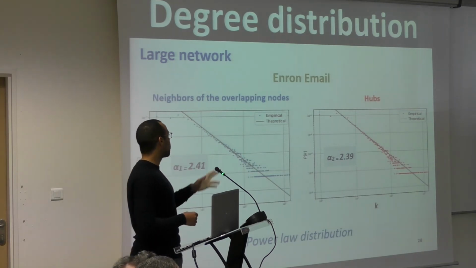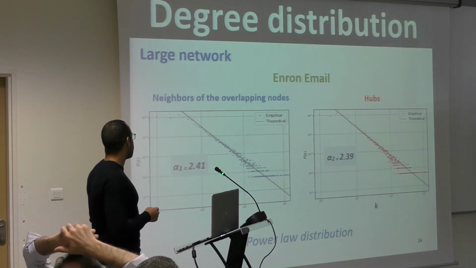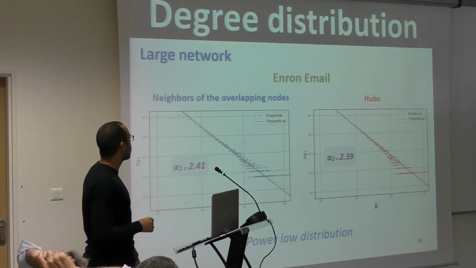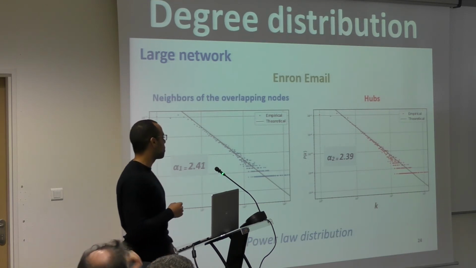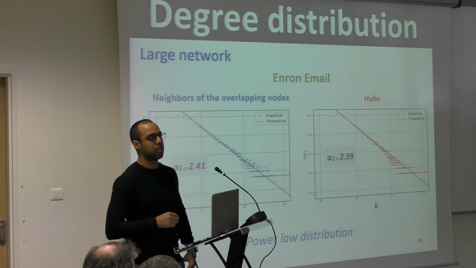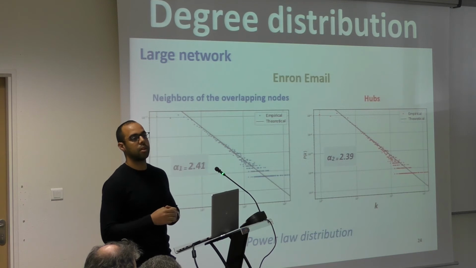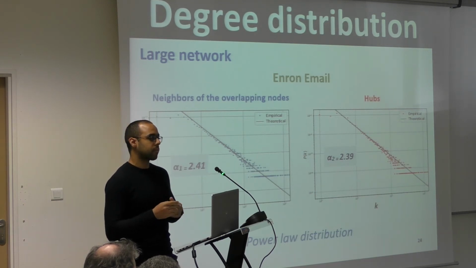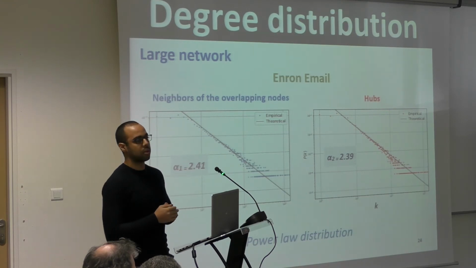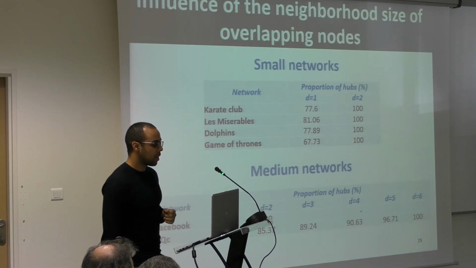If we take the example of N1 email, the exponent is equal to 2.41 for the list of neighbors of overlapping nodes and 2.39 for the list of hubs. So we can conclude from these experiments that both lists have a power law degree distribution with very close exponents.